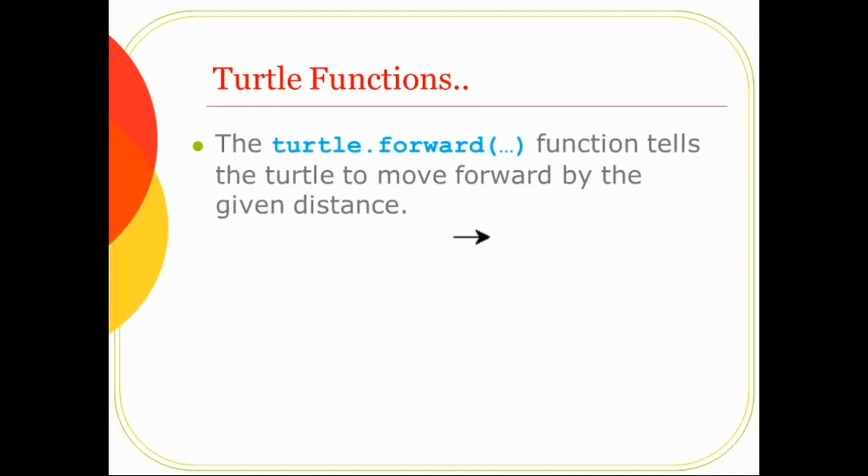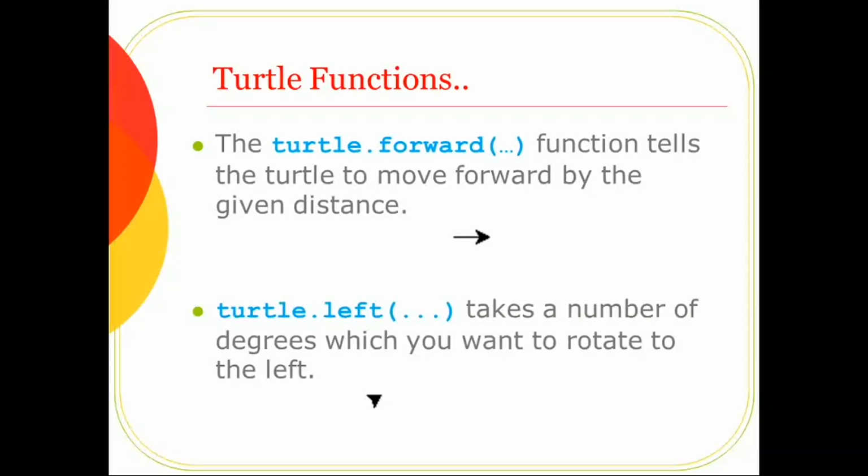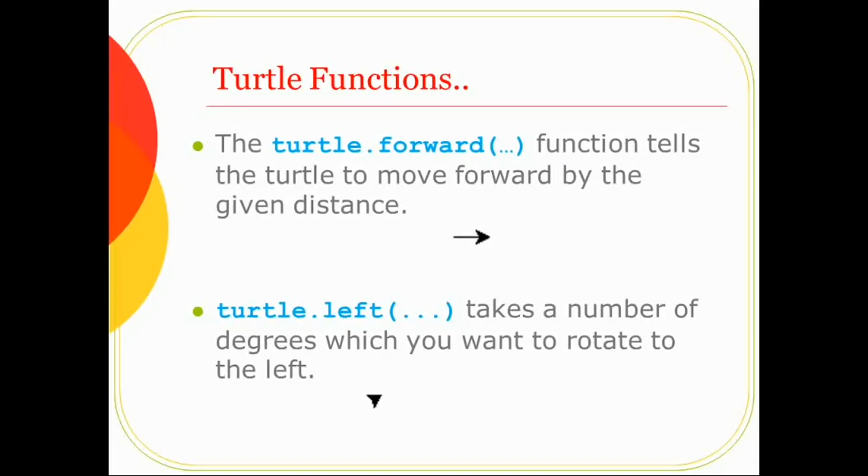Now that we have created the turtle object, we need to move it, turn it to the left, to the right. Let's go on with the functions. We have the function turtle forward and the function turtle left. The forward function tells the turtle to move forward, like this in the picture.